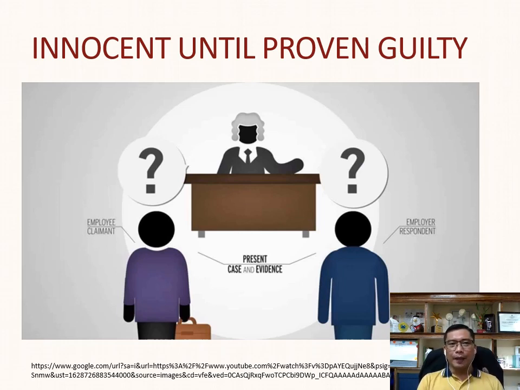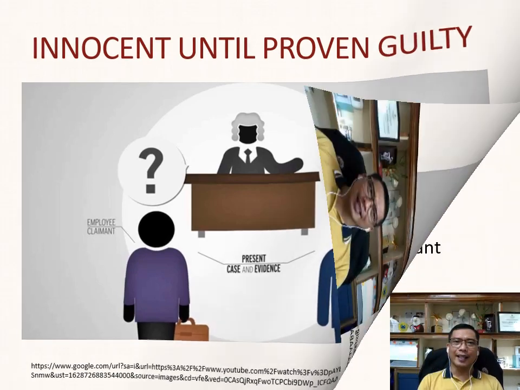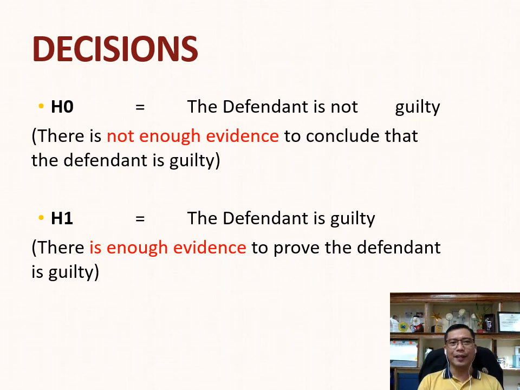But as a general rule, the one accused is innocent until proven guilty. That's like in research, wherein the decisions we make in our hypothesis are connected to the decisions we make in court. When we say H0, or HO as a number, it's because it's the null hypothesis. The defendant is not guilty.